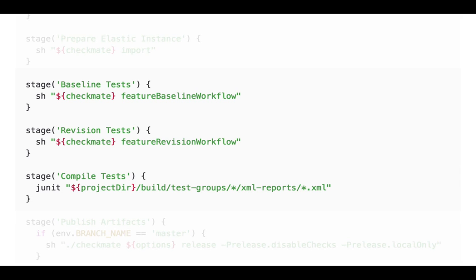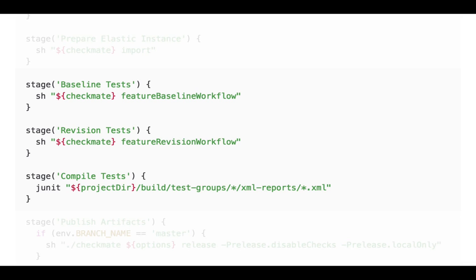And then the next stage is called compile tests, and this is a purely Jenkins step. So Checkmate generates what's called JUnit files. Those are XML files as part of the regression testing framework. And these files are a sort of industry standard way of declaring a regression test and its results.